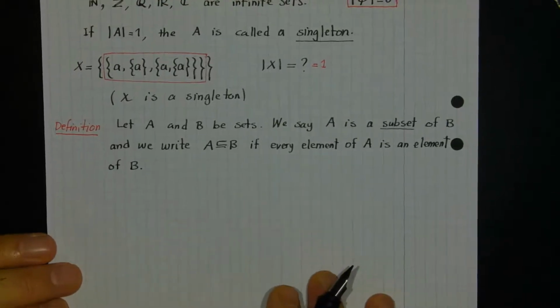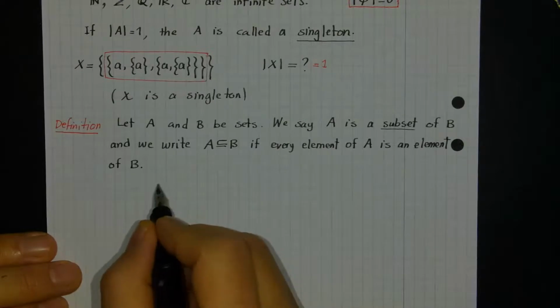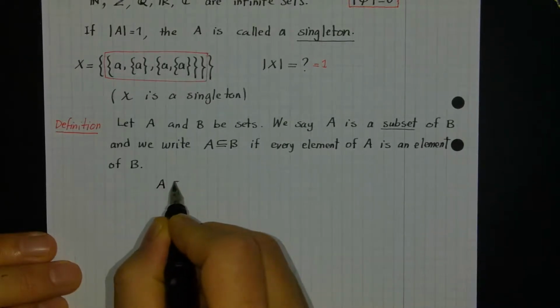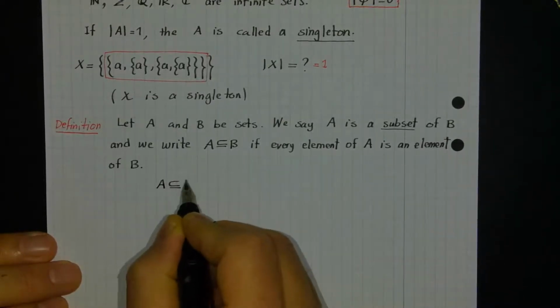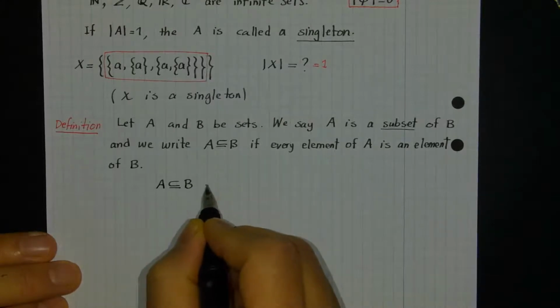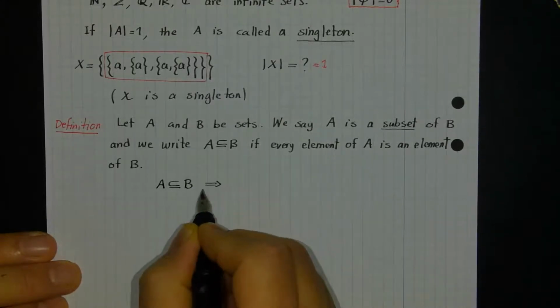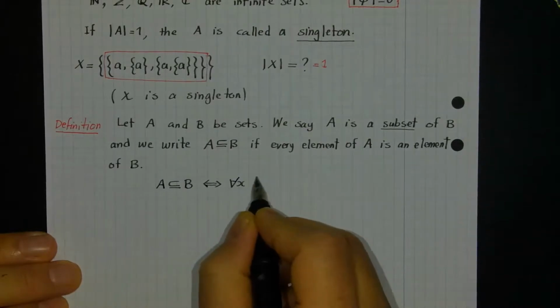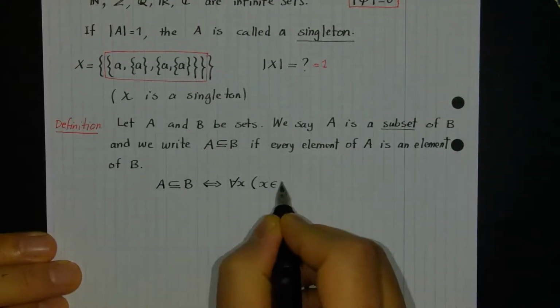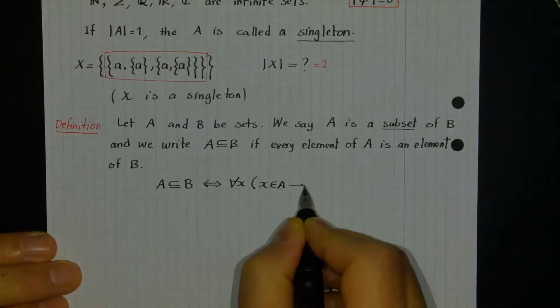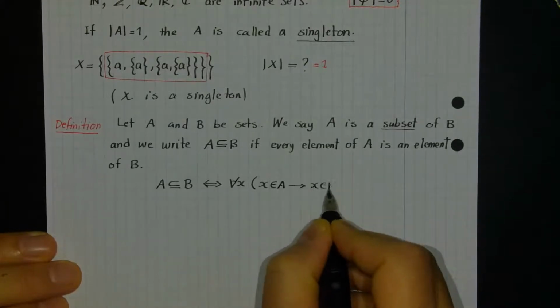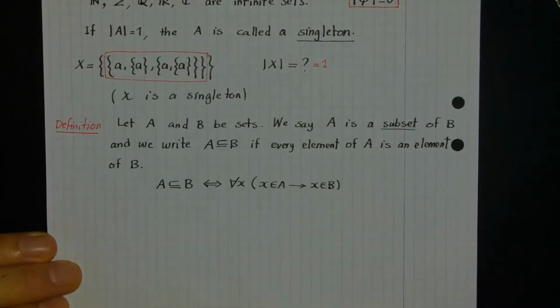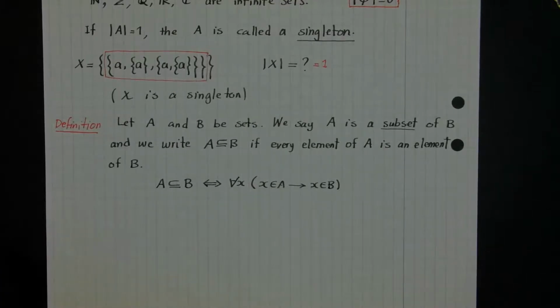Okay, so if I want to write it mathematically, when I say that A is a subset of B, this statement is equivalent to saying this: for all X, if X belongs to A, then X belongs to B as well. That is the meaning of a set being a subset of the other set.